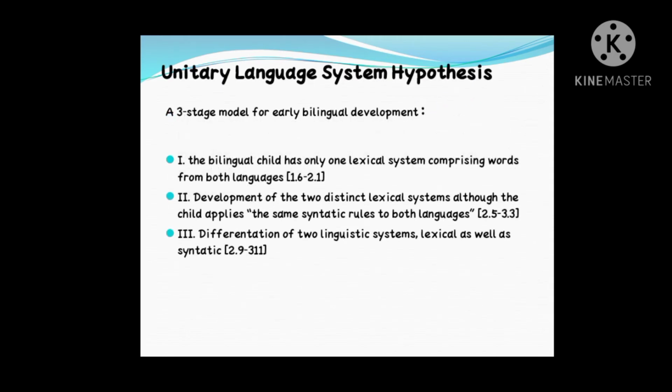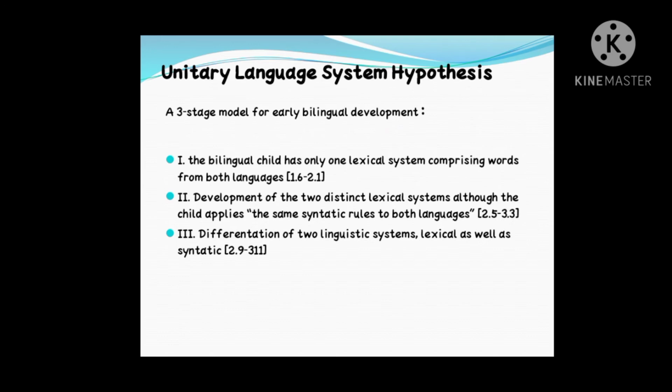The unitary language system hypothesis is a three-stage model for early bilingual development. The first stage is when the bilingual child has only one lexical system comprising words from both languages, at ages 1.6 to 2.1.